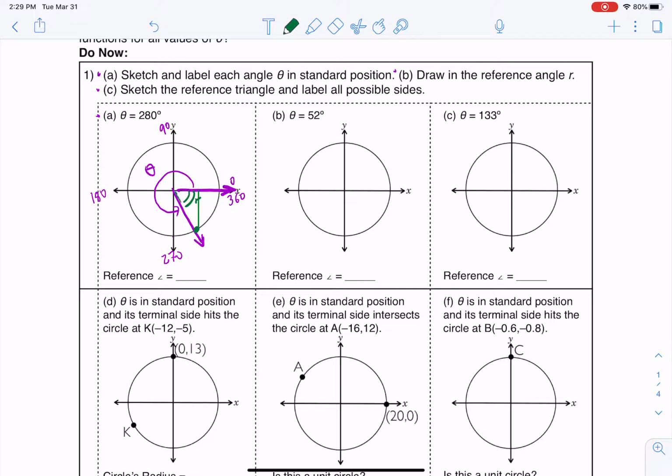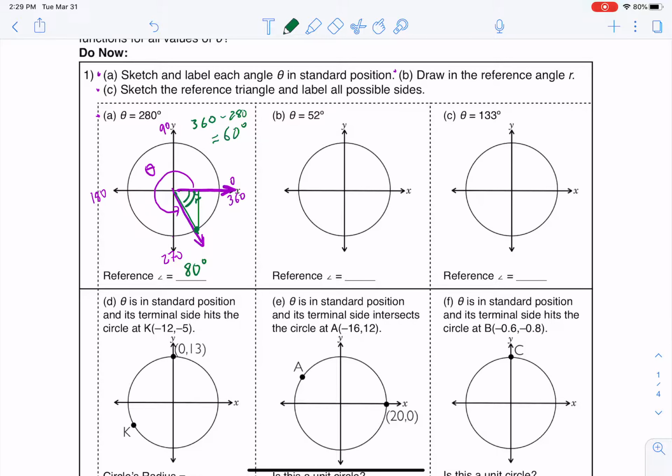So that's my reference triangle. To find my reference angle, to go the rest of the way around the circle from 280, I would really just need to travel an additional 80 degrees. If you wanted to calculate that mathematically, that would be 360 minus 280, which gives me 80.